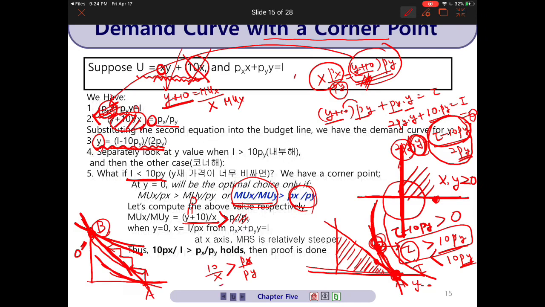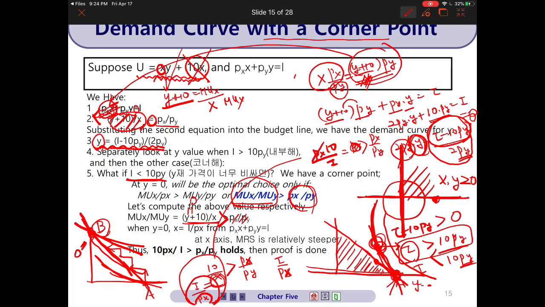Also, what about the amount of x? If you are consuming only good x, how many units can you consume here? I divided by px. Plug that in for x. I divided by px, and if you solve this, it becomes 10 px divided by I, because the denominator in the denominator becomes the numerator, times px, and that's greater than px over py.